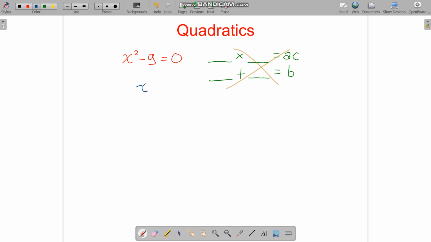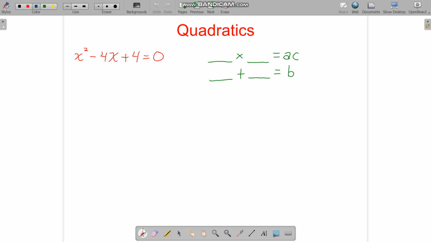Just add 9 to both sides, or move minus 9 to the right, you get plus 9. And if you take the square root of both sides, you get x equals not only 3 but plus minus 3, because minus 3 times minus 3 is also 9. Two solutions.